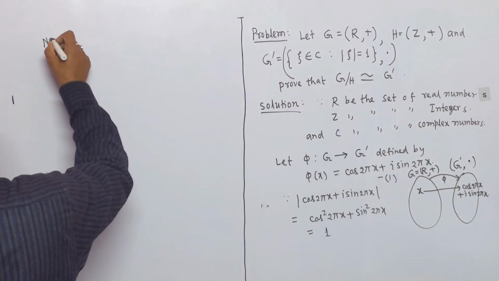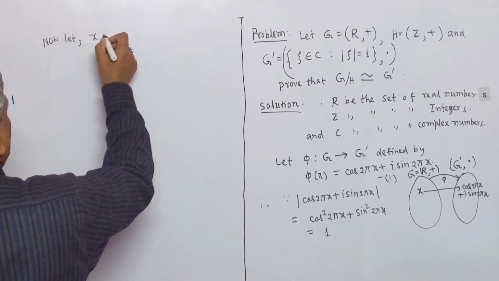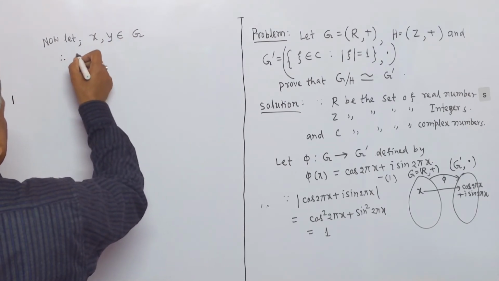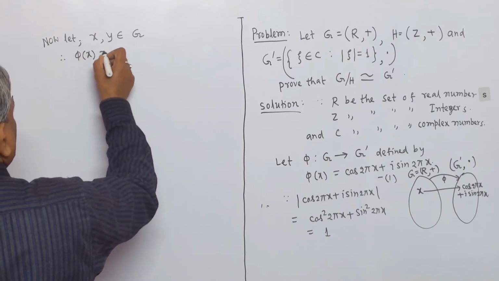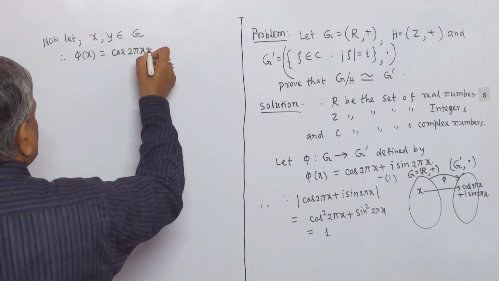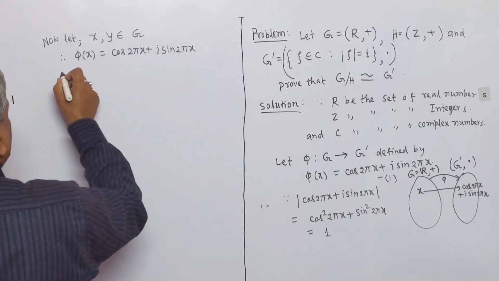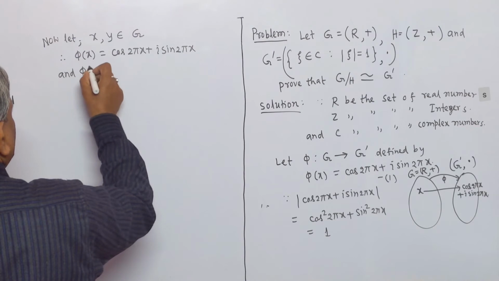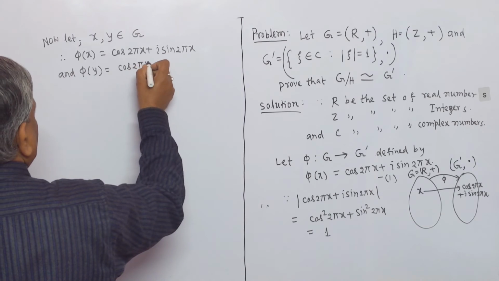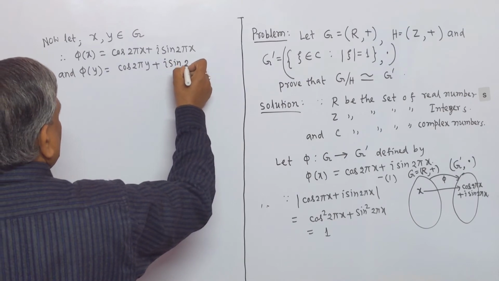Now let x, y belong to G. Therefore, phi x equal to cos 2 pi x plus I sin 2 pi x, and phi y equal to cos 2 pi y plus I sin 2 pi y.